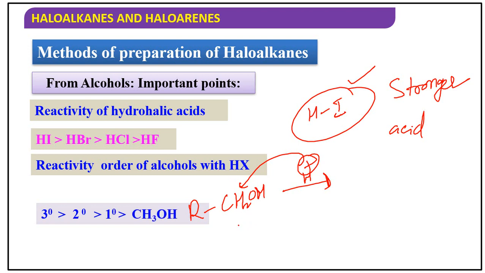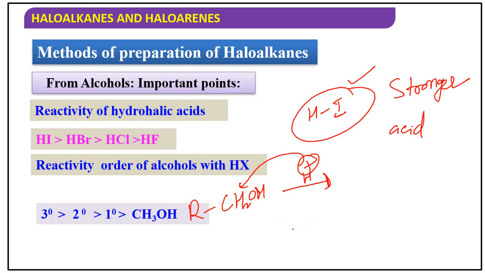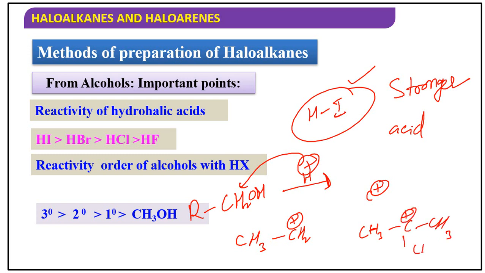If we talk about tertiary, secondary and primary, tertiary is more reactive than primary. What is the reason? I told you a carbocation is forming. In the case of CH3CH2 plus and the tertiary carbocation, which is the more stable carbocation? We know one is a primary carbocation and one is a tertiary carbocation.